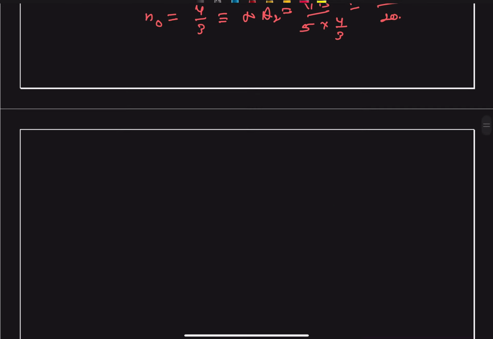Now we come to option C. In option C, we are given that n0 is equal to 1. So therefore our Na1 will be equal to 3 by 4. And for the second, we are given that our n0 is 4 upon square root of 15.